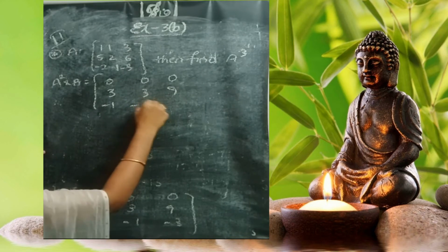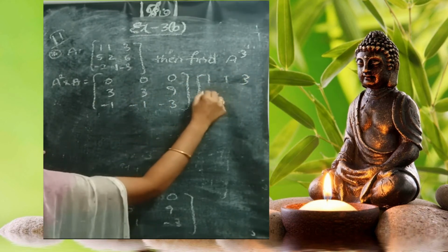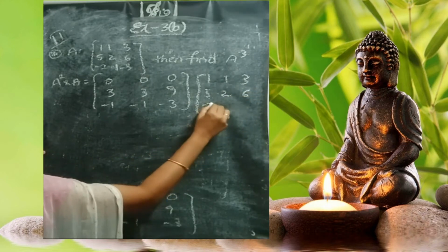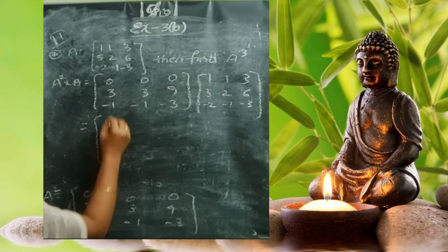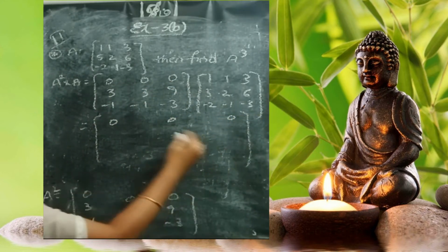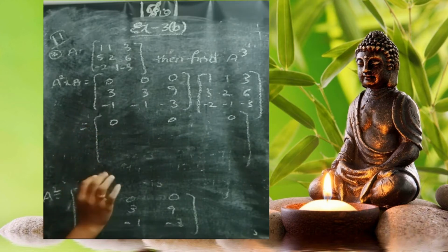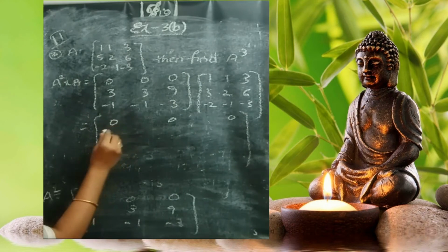Here all are 0, so without calculating you can write 0, because everything multiplied with 0 gives 0.